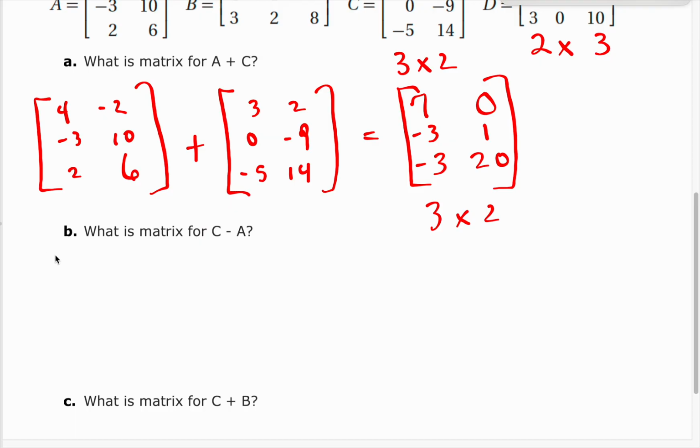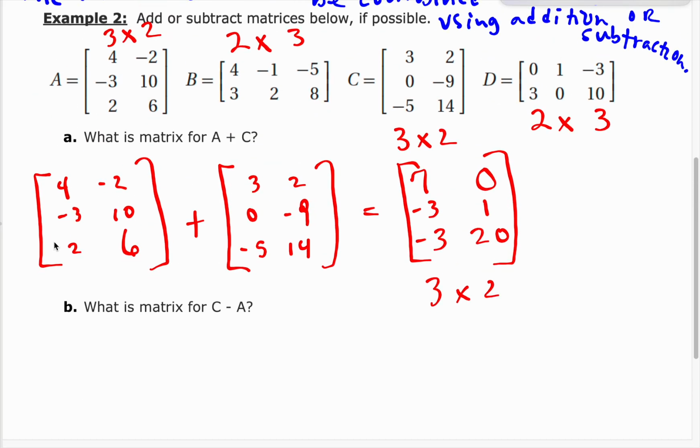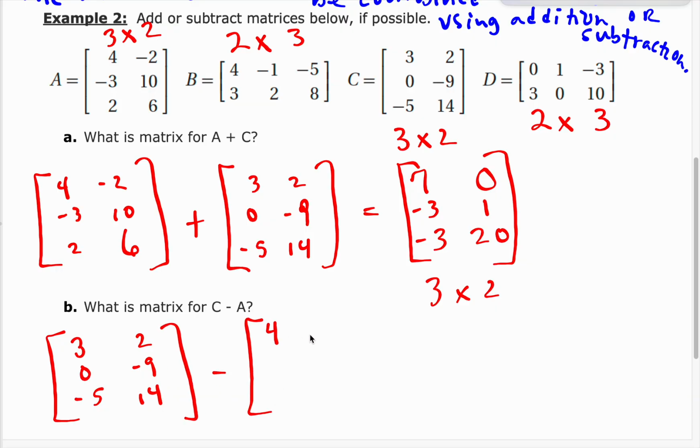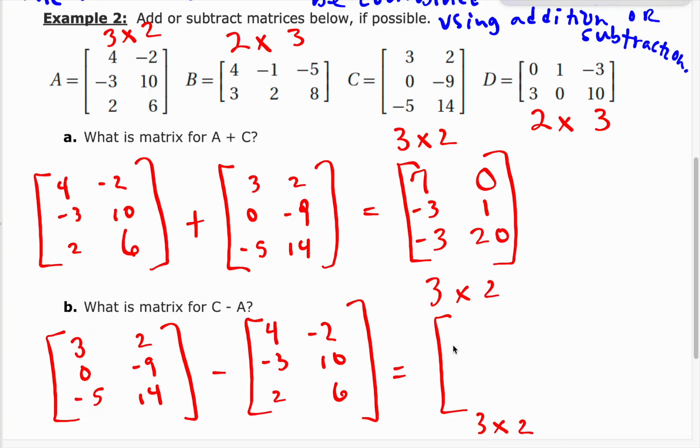Now let's subtract them. Okay, so I'm going to write down C, 3, 2, 0, -9, -5, 14. And I'm going to subtract A, 4, negative 2, negative 3, 10, 2, 6. Again, we're dealing with the 3 by 2s, and when we subtract them, we're going to get another new 3 by 2.